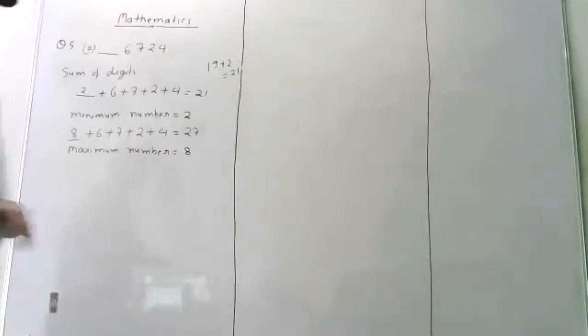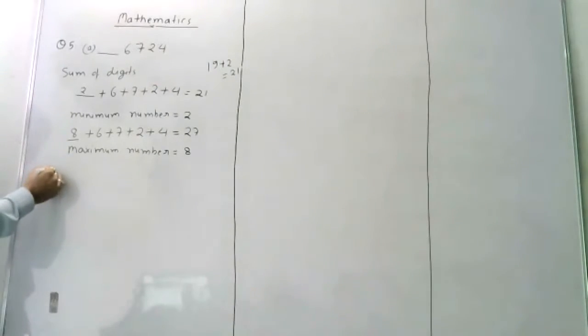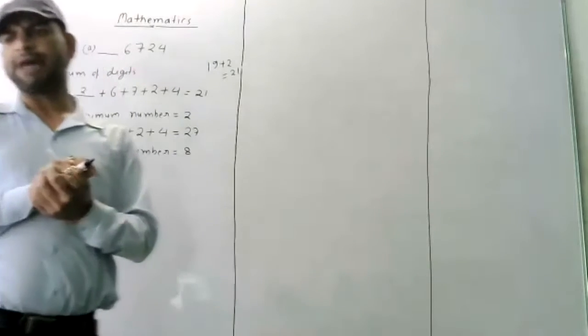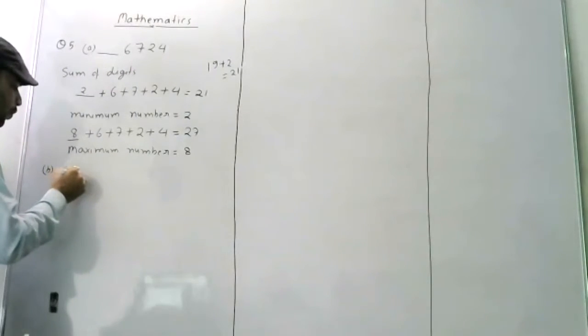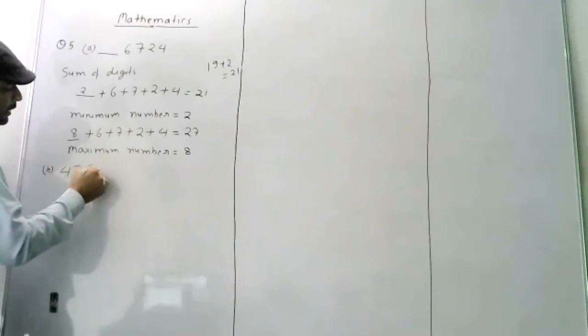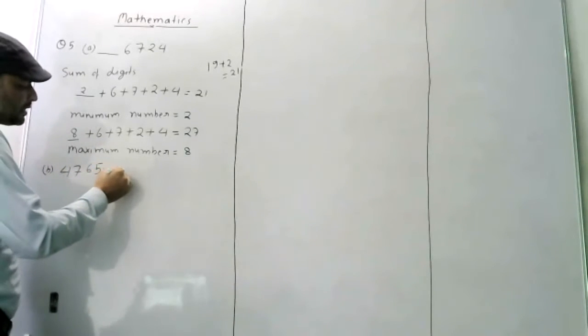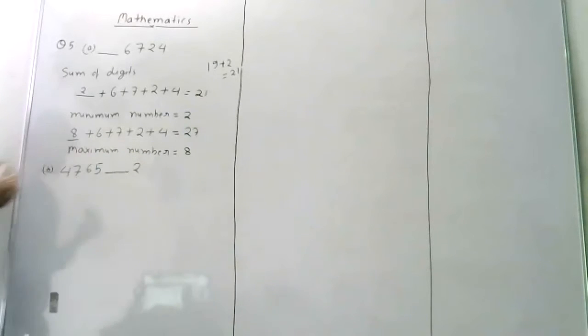Now again, part B. Listen carefully. Here 4, 7, 6, 5, dash, 2.